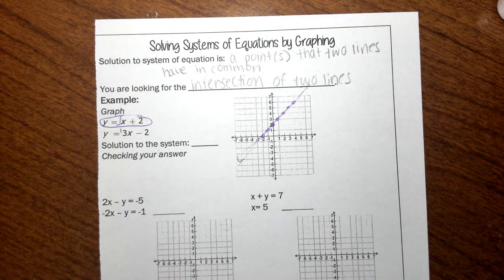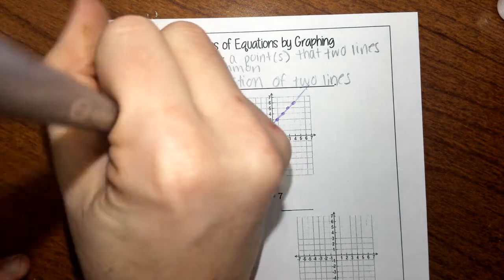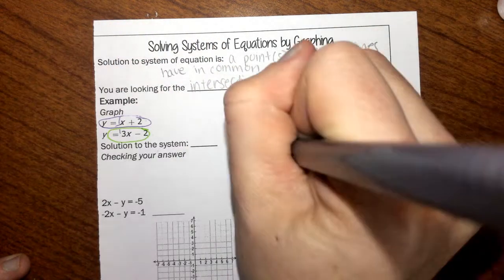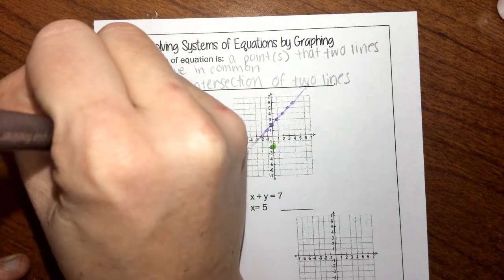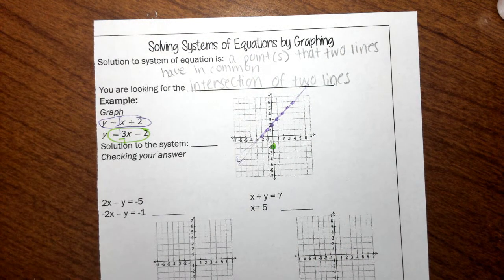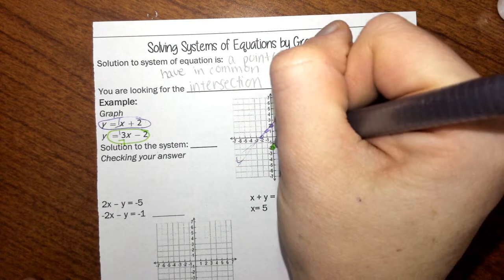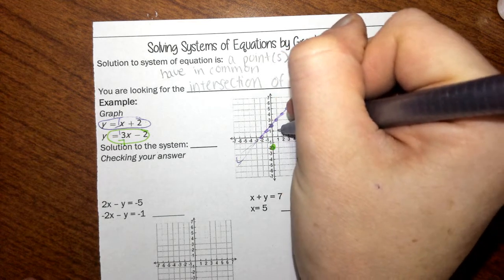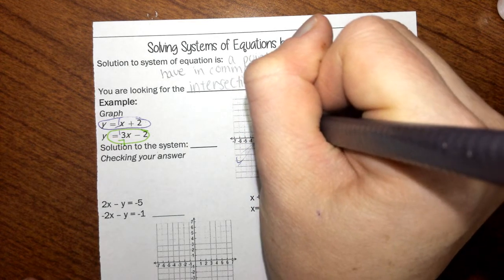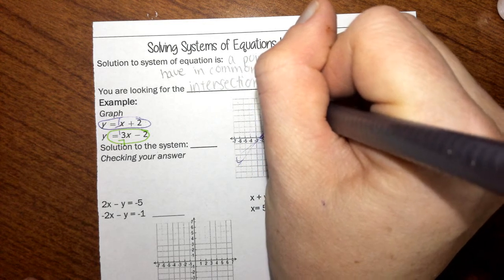And then we're going to graph the other line here, y equals 3x minus 2. So we're going to start at negative 2. And the slope is 3, so we're going to go up 3 over 1. So up 1, 2, 3 over 1. 1, 2, 3 over 1.